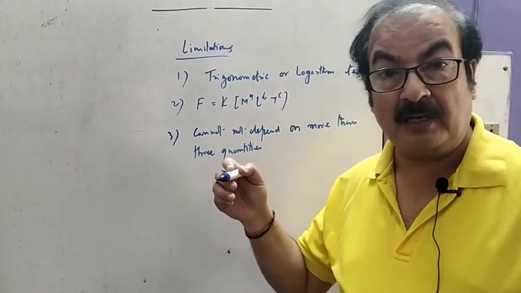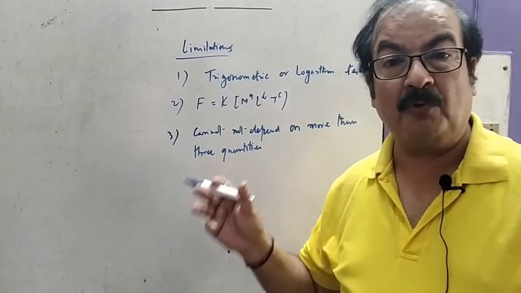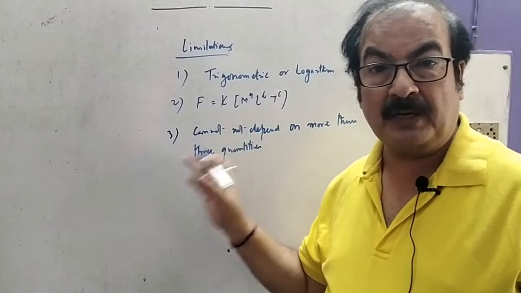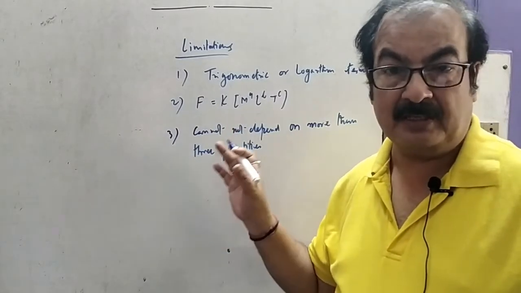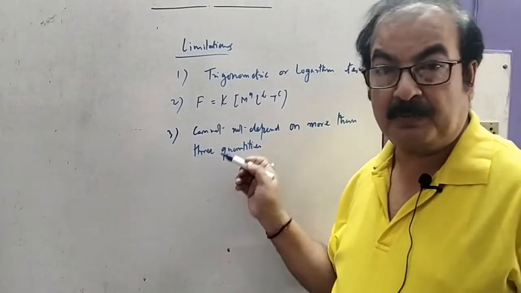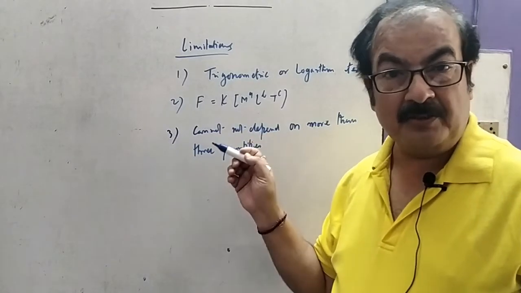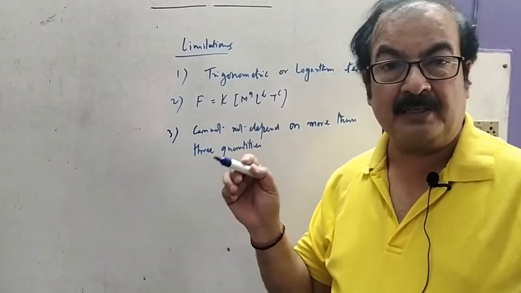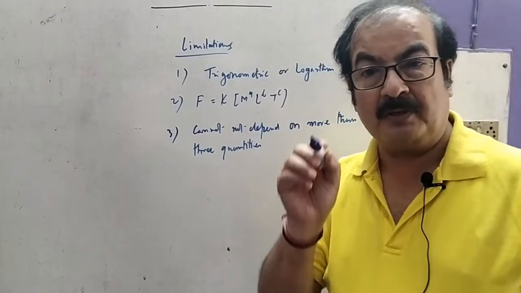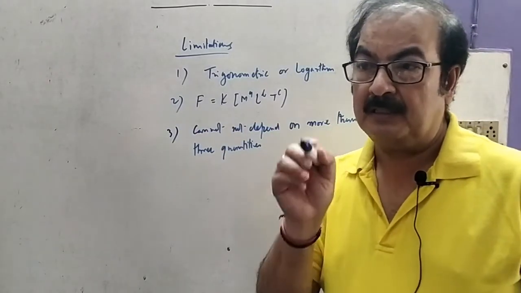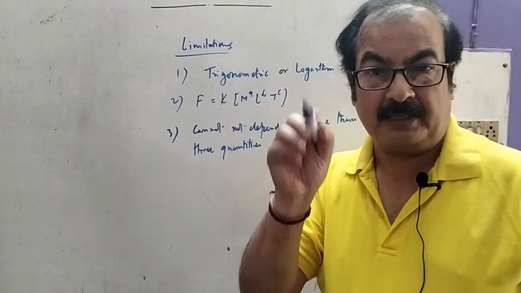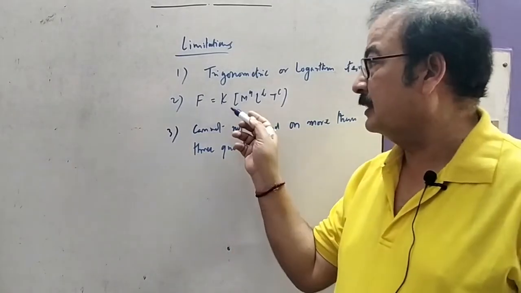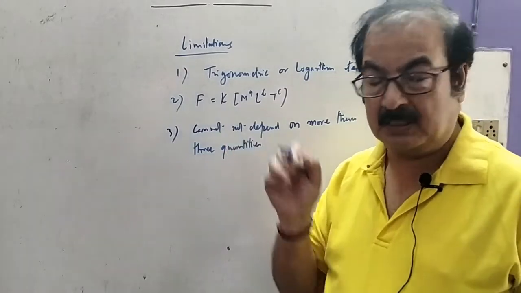Suppose we have to derive a dimensional formula where 4 physical quantities are there. That is very difficult to express using the dimensional method. In the same way, if we write T equal to k into under root L by g, that k, the constant of proportionality, cannot be specified.